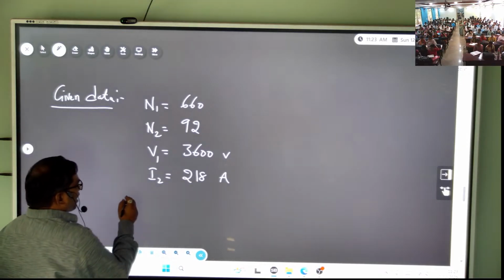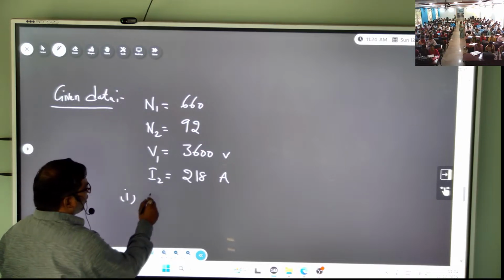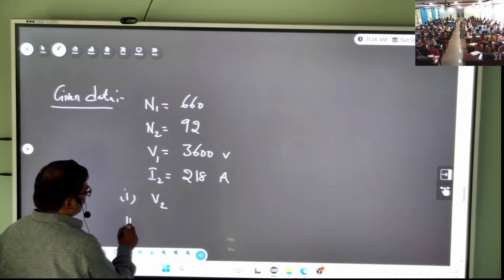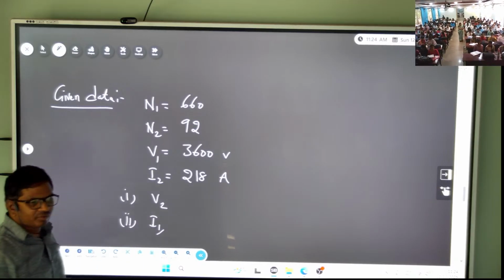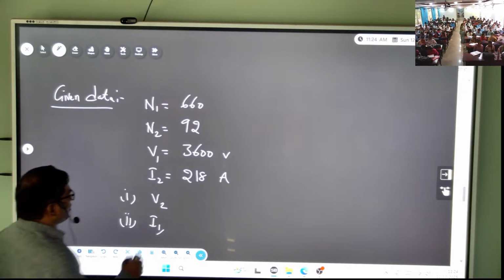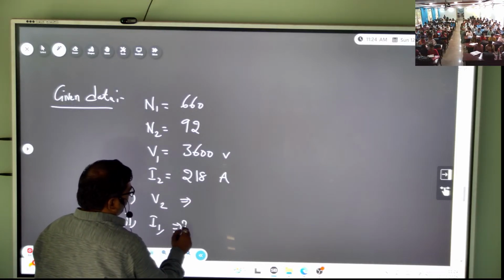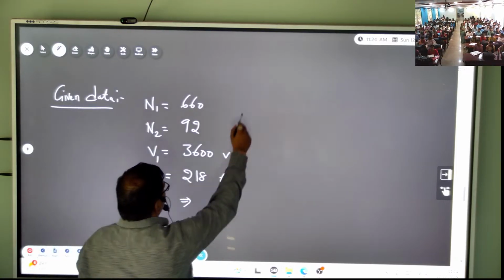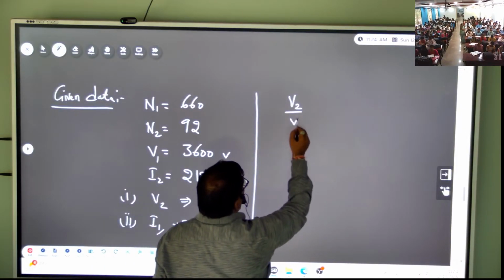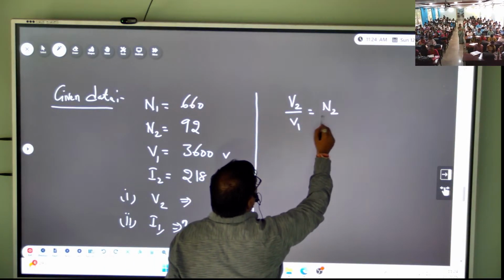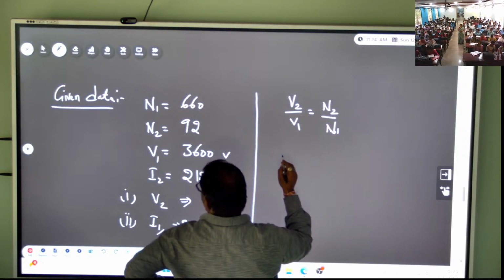What do we need to find out? First one is V2. Second one is I1. Here for V2, V2 by V1 is equal to N2 by N1. So here we need to find V2.